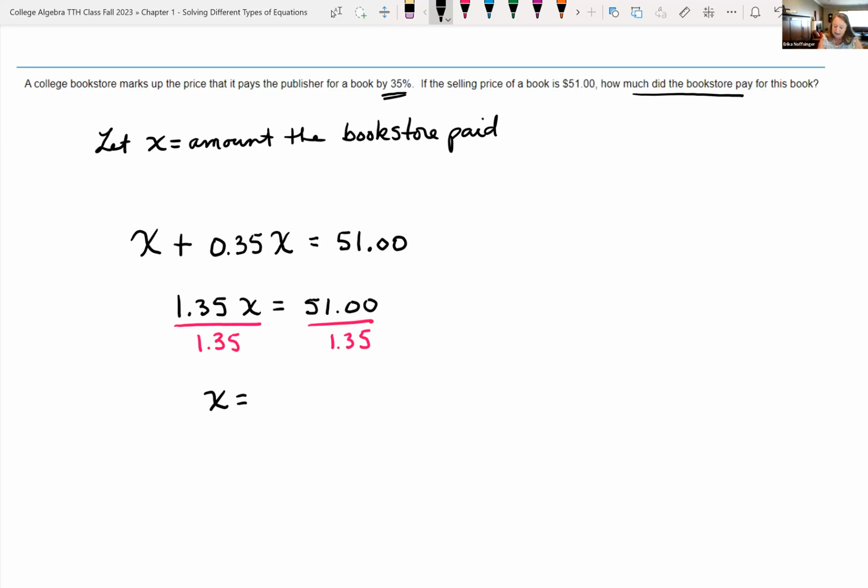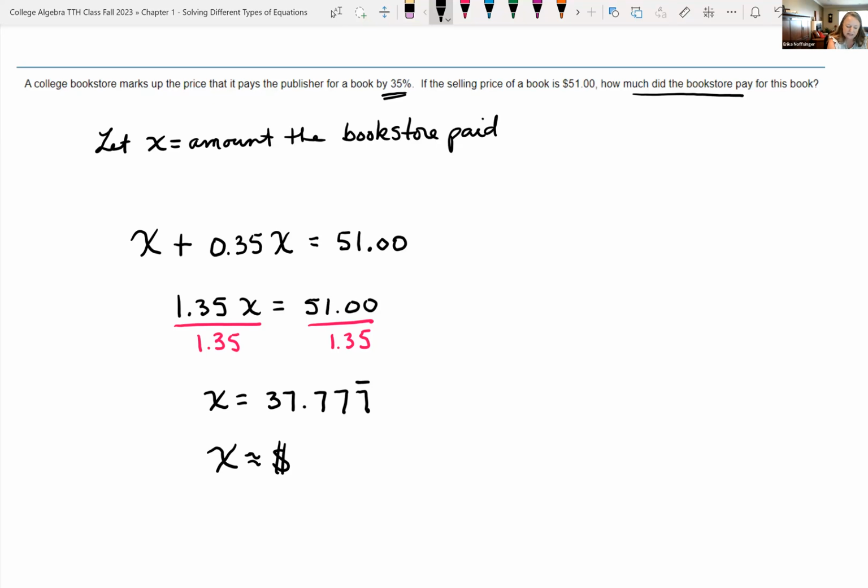I'm getting a number that's repeating itself. I'm getting 37.777 with a bar over it, meaning that 7 repeats itself. Because we're talking about money, I would round to the nearest cent to make sense.